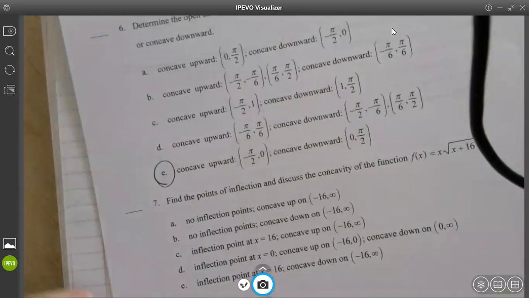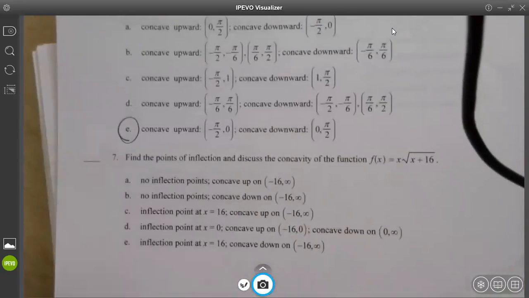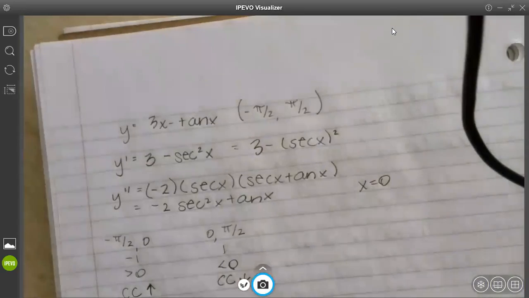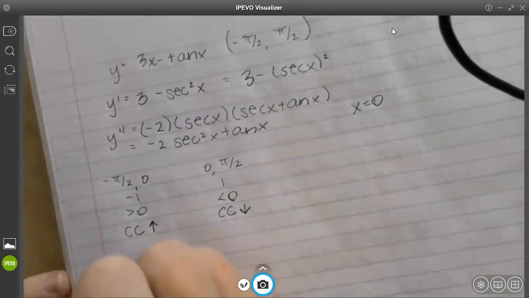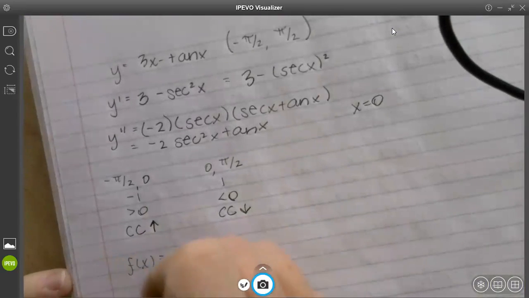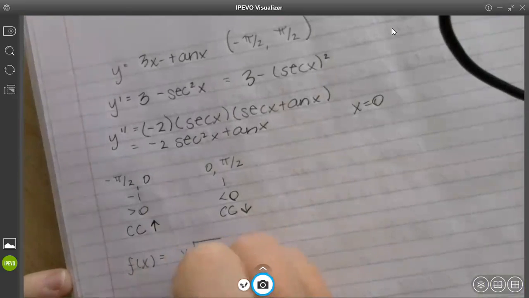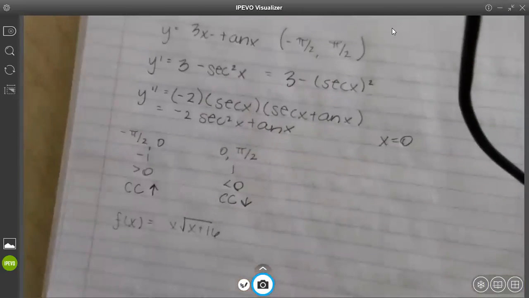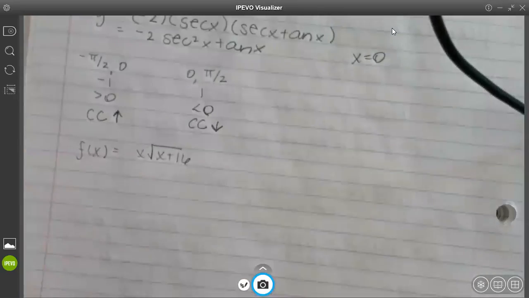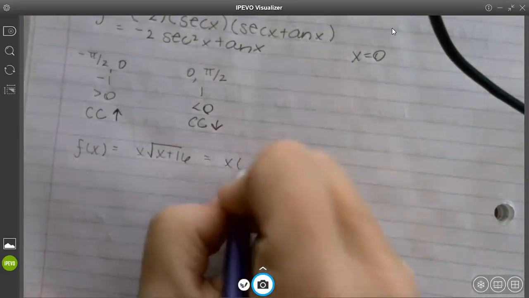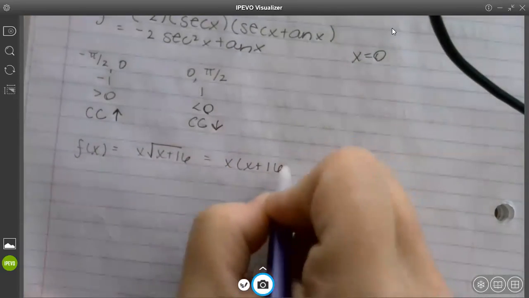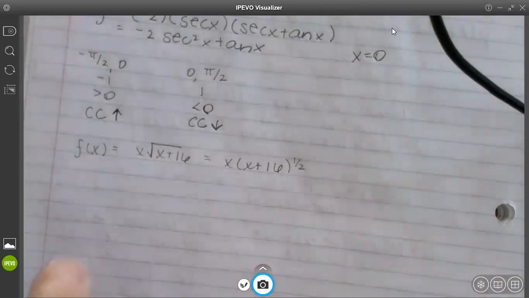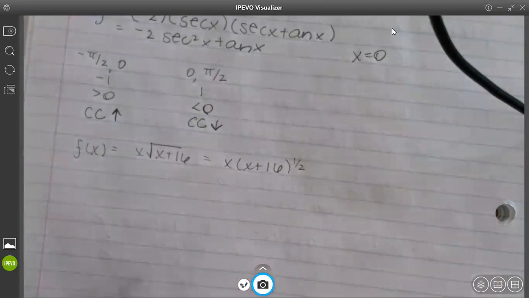On number 7, inflection and concavity, again, second derivative. So we have f of x equals x square root of x plus 16. Still going to do what though?